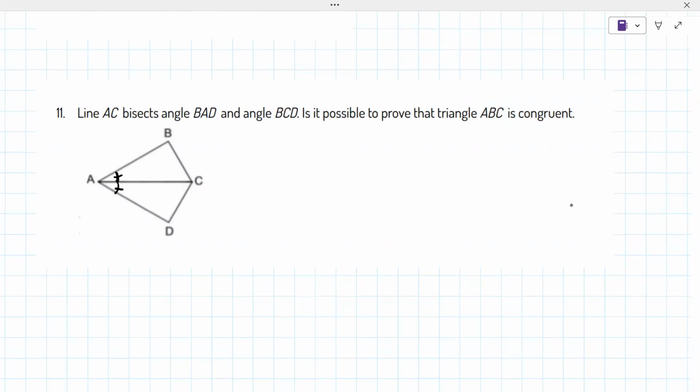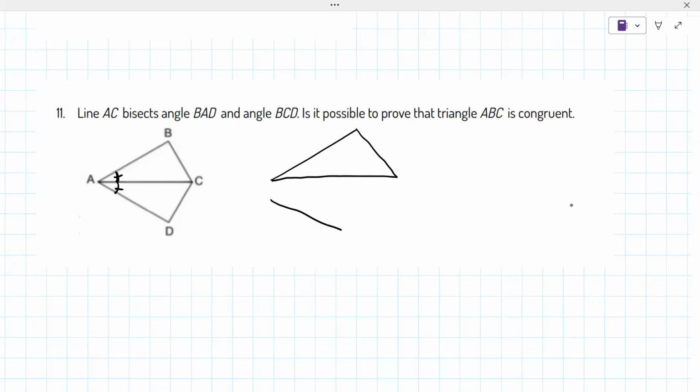Is it possible to prove that triangle ABC is congruent, I assume, to the other one? Is that enough? Okay. So what else do you see here that is congruent?